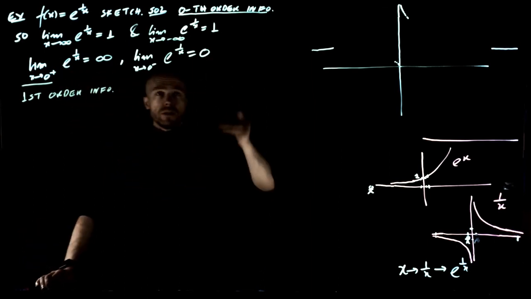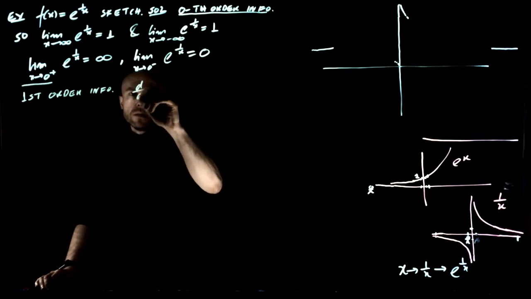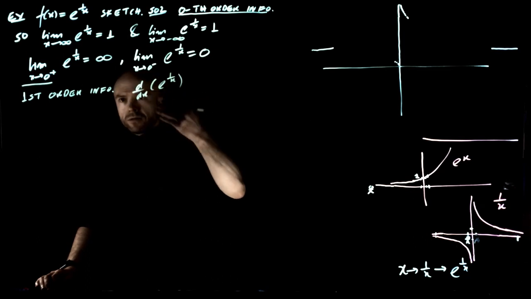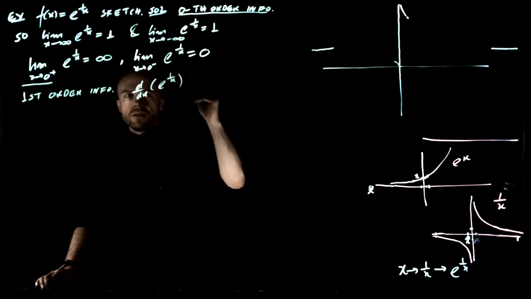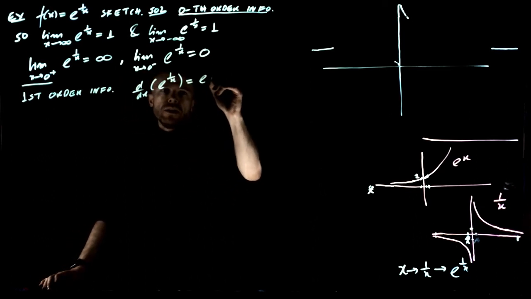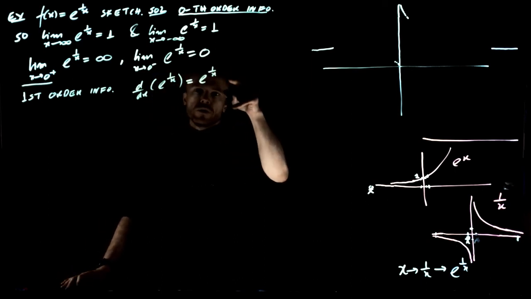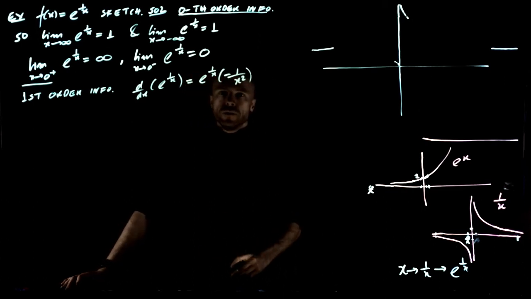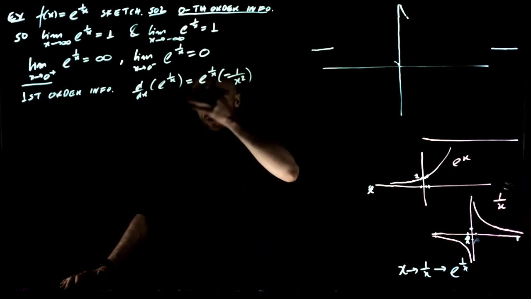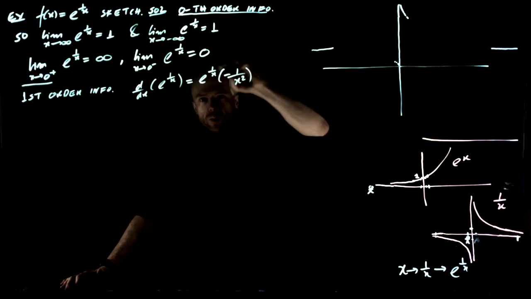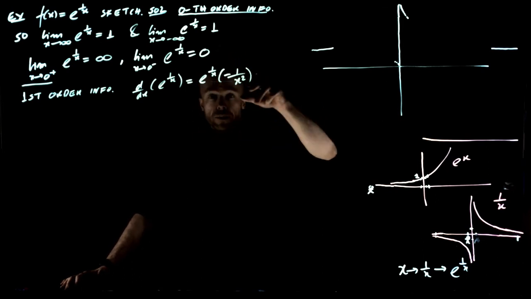We take the derivative of this thing. It's just the chain rule. The outer function is e to the x, and it's just itself. So e to the x applied to the inner function, which is 1 over x, and then we differentiate the inner function. If we differentiate 1 over x, we're going to have minus 1 over x squared. Just the chain rule. The derivative of the outer function is again e to the x, applied to the inner function, times the derivative of the inner function.